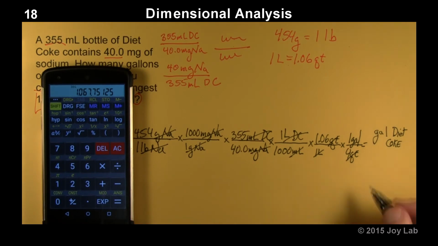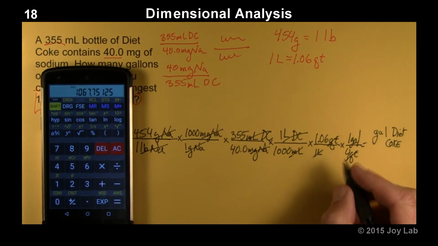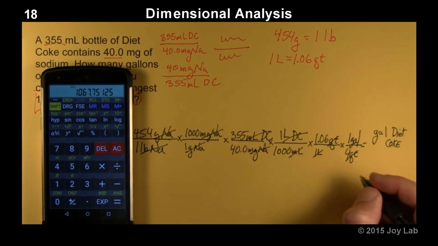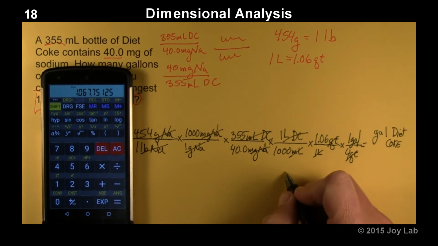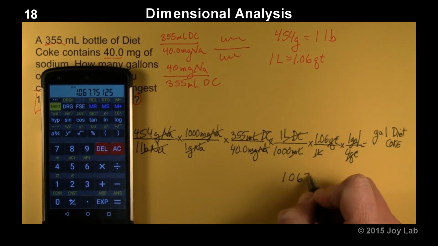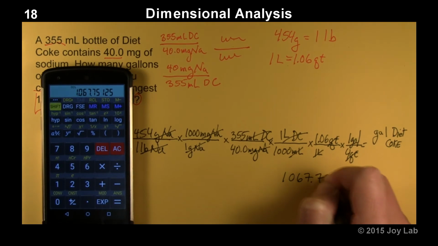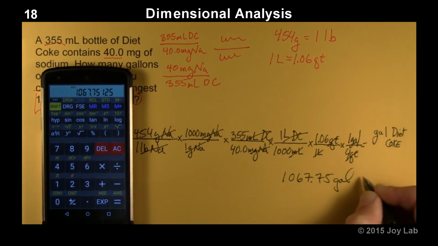Woo! Boy, you'd have to be pretty thirsty. You're going to have to drink 1,000 gallons of Diet Coke. So I have 1,067.75 gallons.